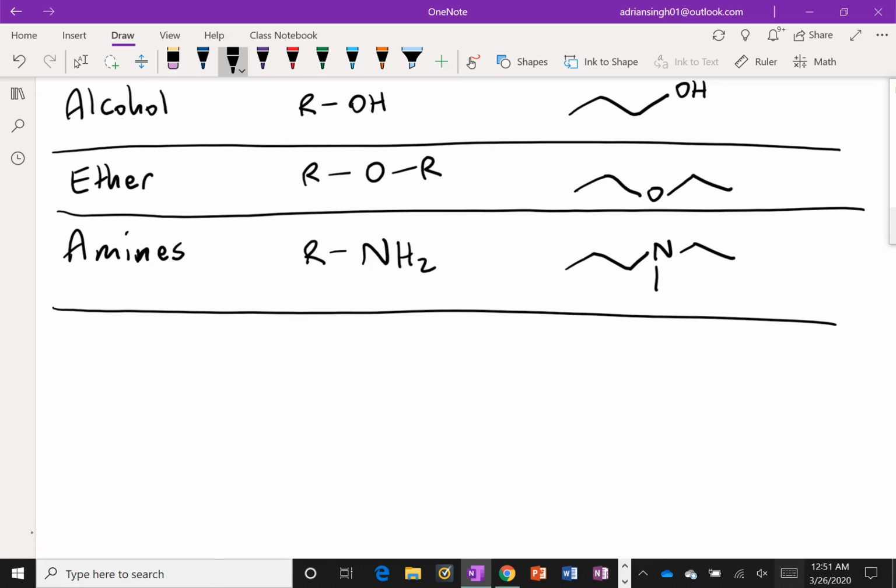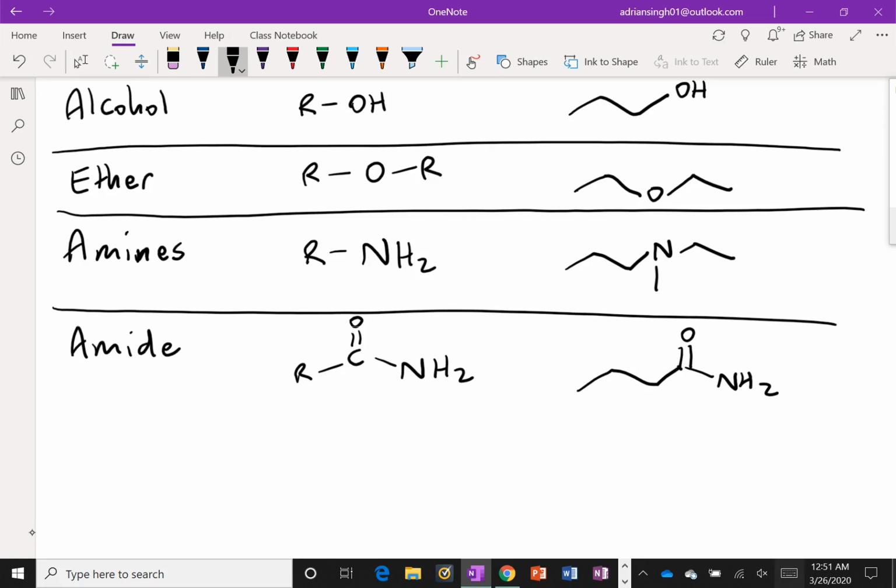A relative of amine, and it looks similar in the name, is called an amide. And this is going to have a C double bond O connected to an NH2, and then on the other side of that carbon we're going to have an R group as well. All right, so an example here would be something that looks like this.